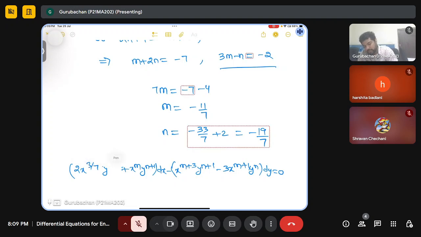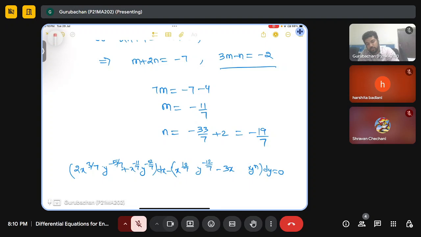n plus 2 meaning minus 5 by 7, minus 11 by 7, and plus 1 means minus 12 by 7. n plus 3 meaning minus 19 by 7 plus 21 by 7, that is 10 by 7, minus 12 by 7.